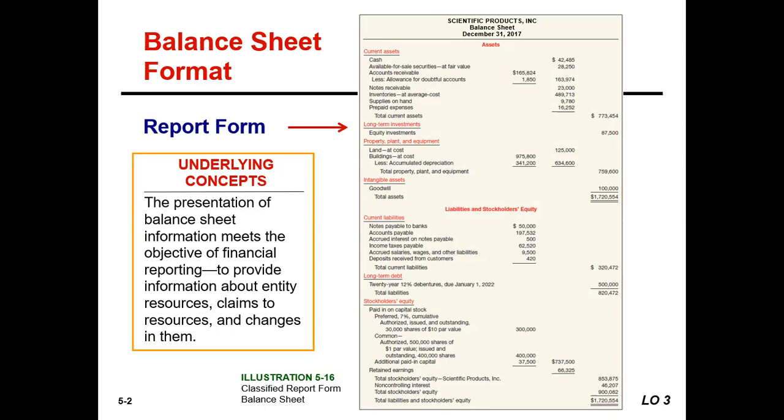And we see some examples of each of these here. And as we continue through the PowerPoint slide, we're going to talk about each one of these a little bit as we go through. And then the liabilities section, we divide either into current liabilities or long-term liabilities, long-term debt.